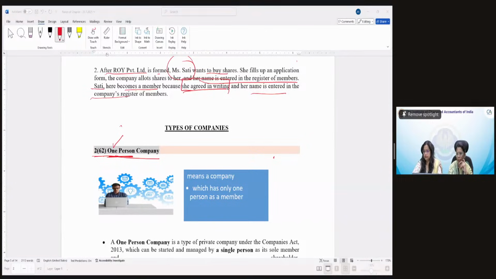So basically, you can see that, since being a single person... Wait, it's not showing. It is not showing. Okay, thank you for telling me. Okay, now is it visible?